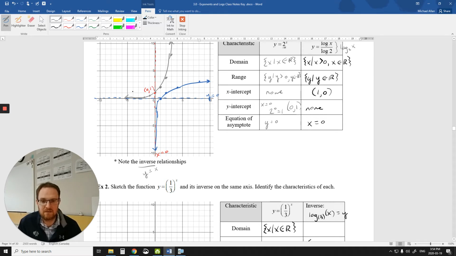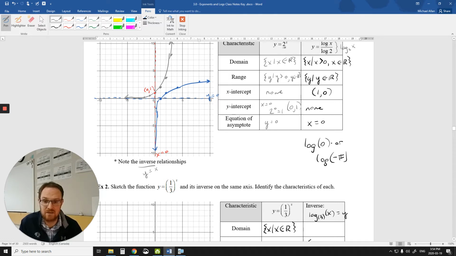Some things about this: you should recognize that my x values can't be 0 or less. They have to be positive numbers going into my log. So my domain here is telling me that everything has to be positive. You could verify that. You could try to take the log of 0 or a log of any negative number. It just doesn't work.